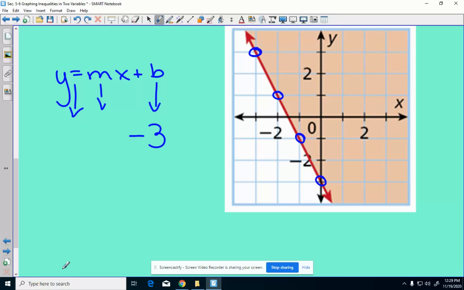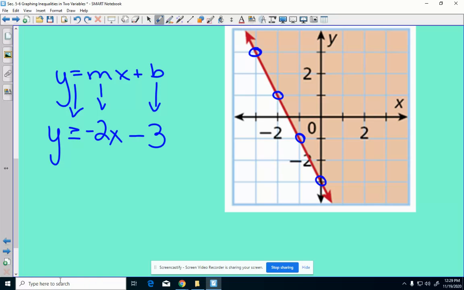Okay, good. So the line is solid, which guarantees that there's an equal to in there, and we are on the greater than side of that line. So we're looking at y is greater than or equal to.